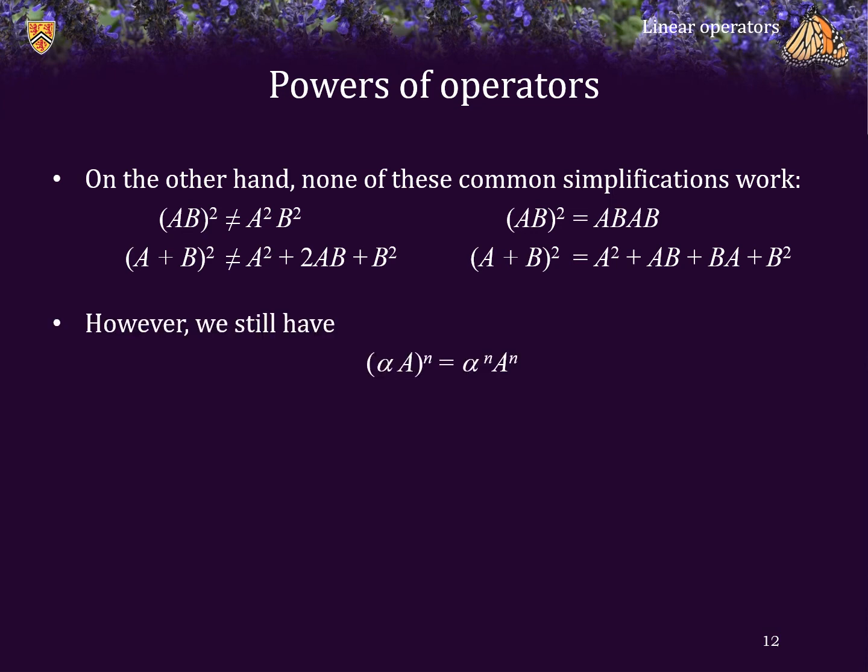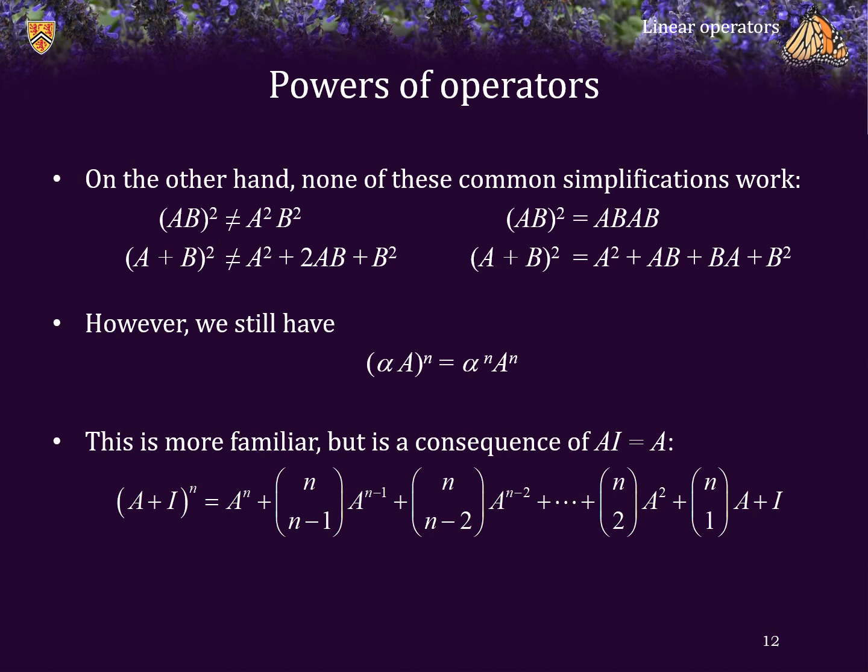Now, this, however, still works. Alpha times a raised to the power n is equal to alpha to the n times a raised to the power n. This is also something that should be familiar, and this is a consequence of I being the identity operator.